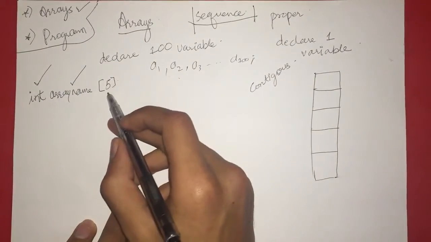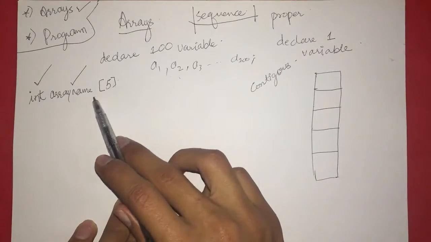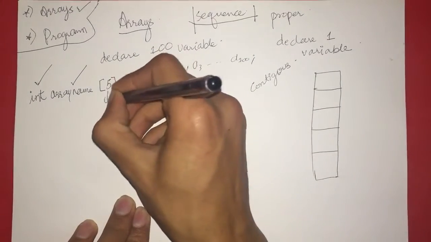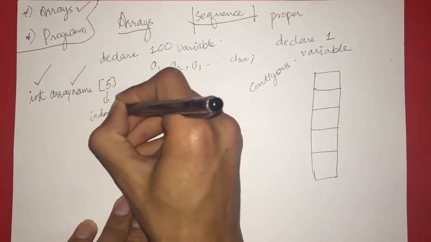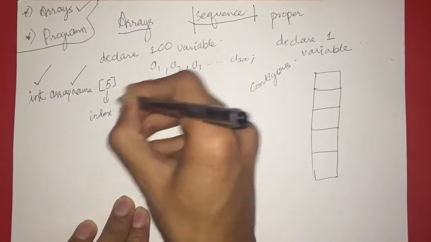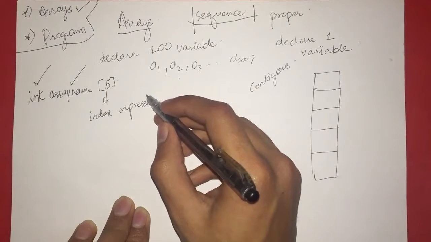So now this means I have reserved an array of size 5. This is called the index expression, and it can also be an expression.